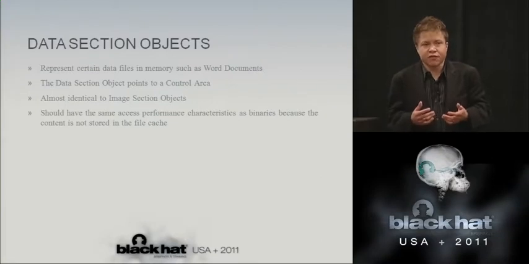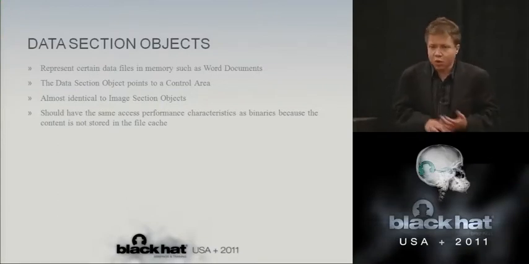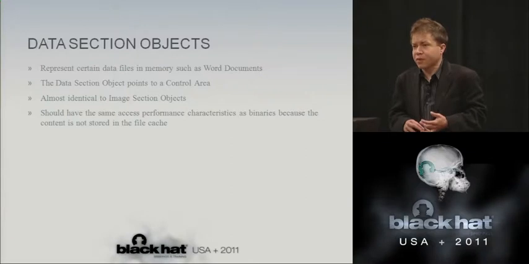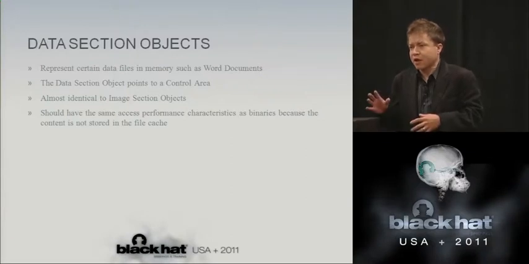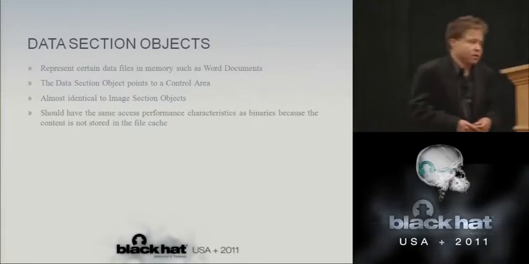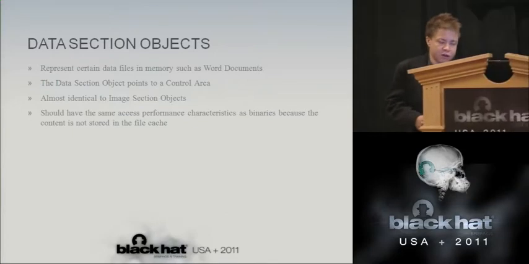So instead of your file going to cache like a PDF would, Word documents, other Microsoft Office documents, they go into a data segment section object, which performs a lot better than the cache would. And we're going to show you how you can use this in a moment.